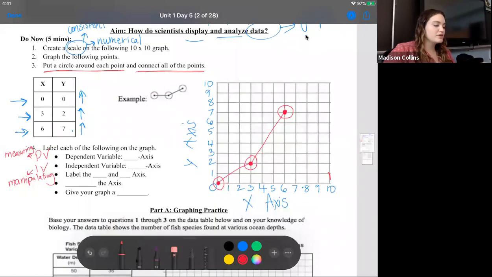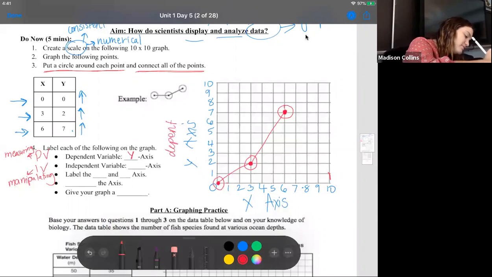All right, and we are always going to find our dependent variable on the y-axis. So this is going to be our dependent variable.